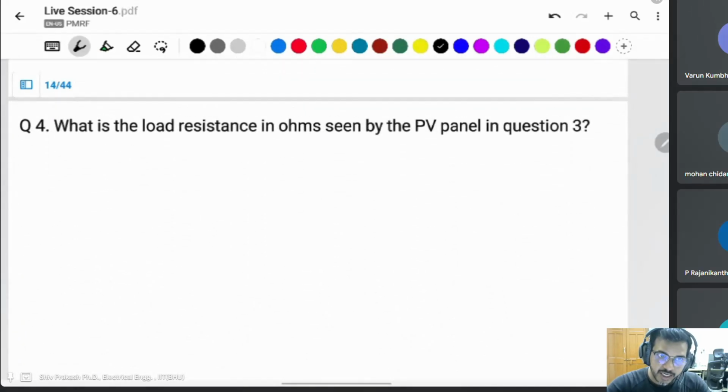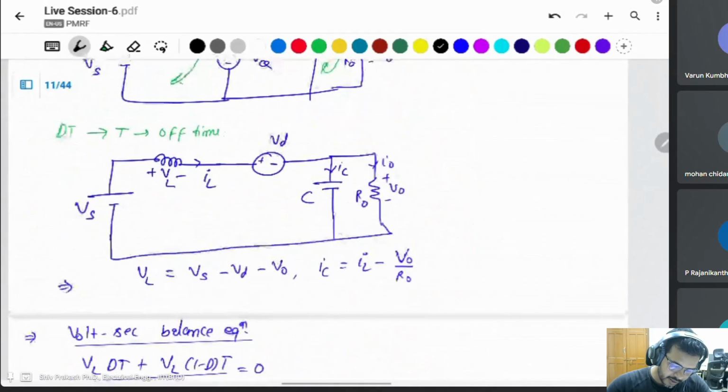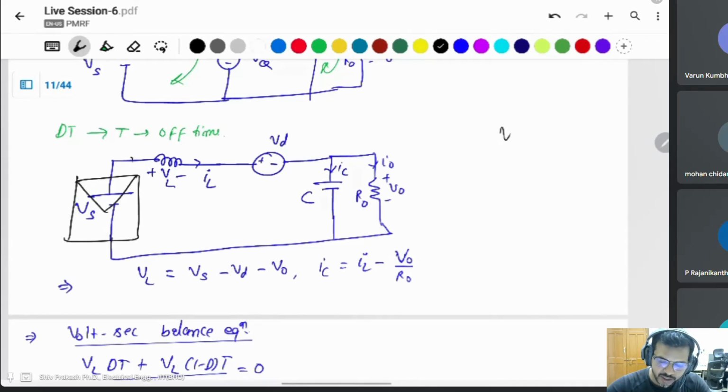Next question, same thing related to this question. What is the load resistance in ohms seen by the PV panel in this question? The PV panel is here. Then what is the load resistance of the PV panel? It is the input voltage divided by the input current.